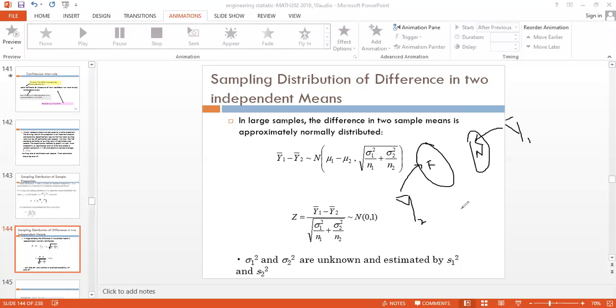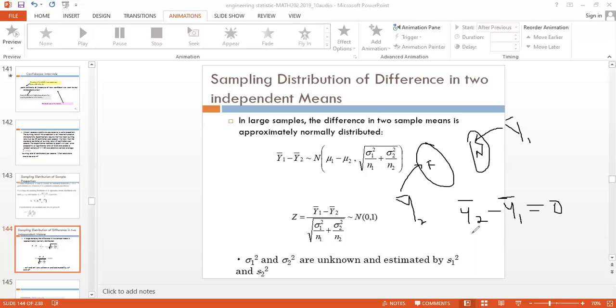When I say difference, I mean whether y2 minus y1 will be greater than zero. Or better still, let me put it this way, will it first of all be equal to zero?